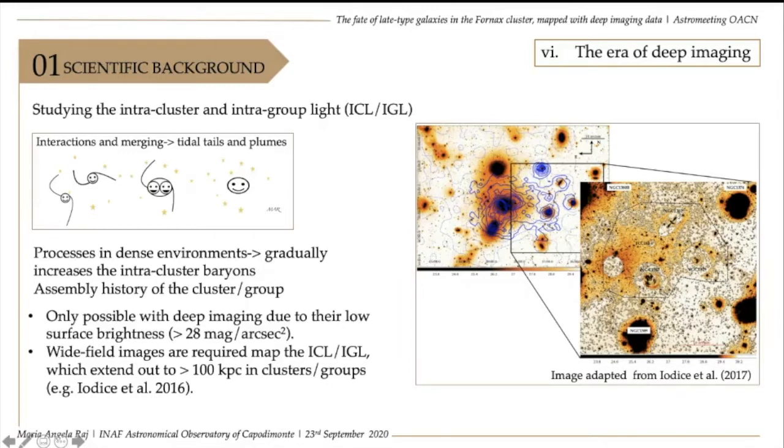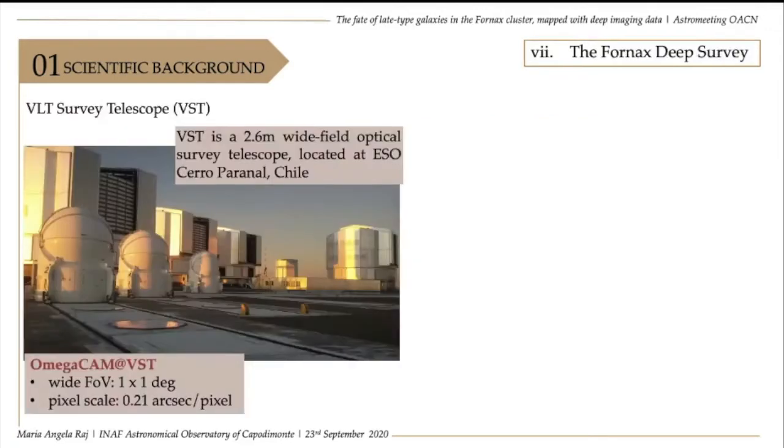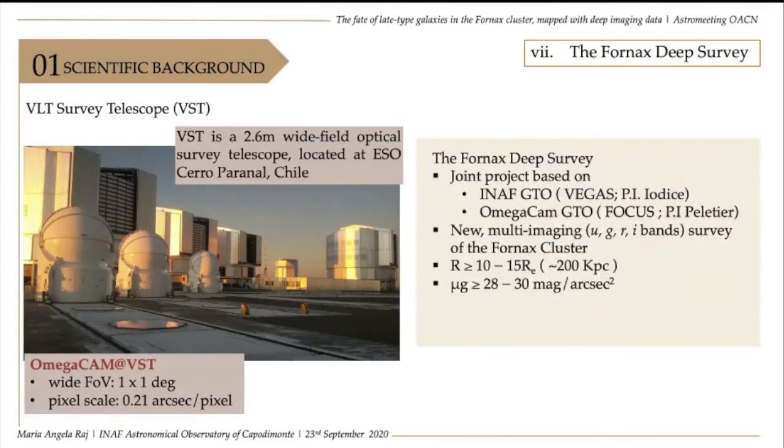To do this, we need wide field images and deep imaging data, and that's where the Fornax Deep Survey with VST comes in. It's a multi-band imaging survey of the Fornax cluster, and previously the survey has been able to map the light distribution out to 15 times the effective radius, as well as down to 29 to 30 magnitude per arcsecond squared in surface brightness.